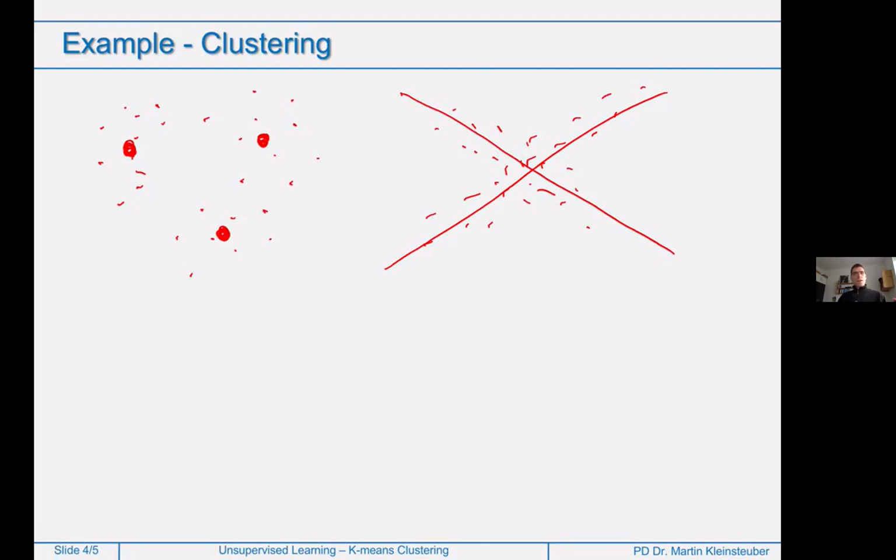So you have reduced this high dimensional data into something that has a lower volume. I understand that this is very abstract, but this is the way I would define unsupervised learning on a very high level.